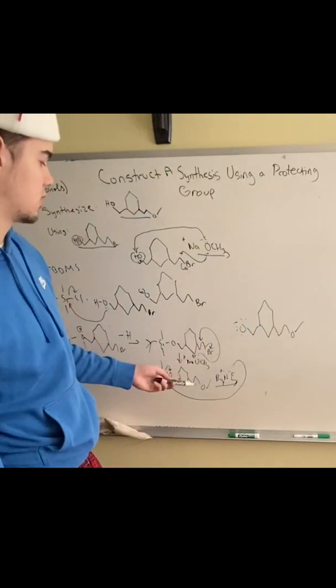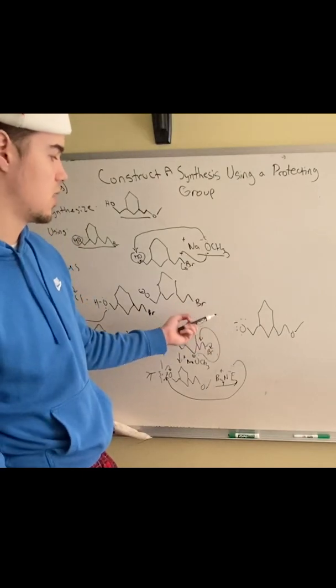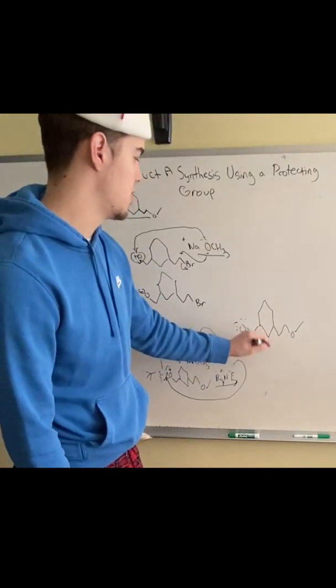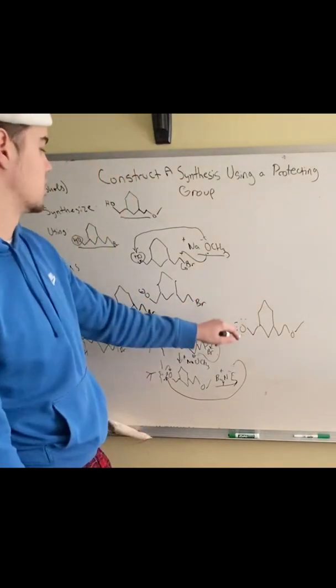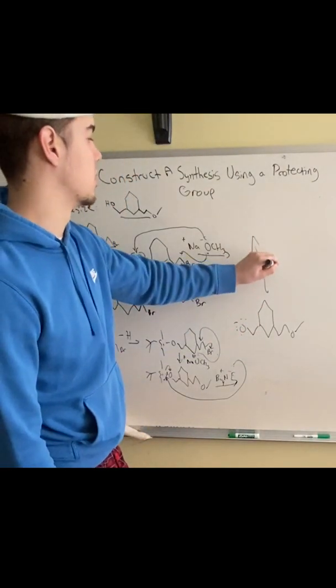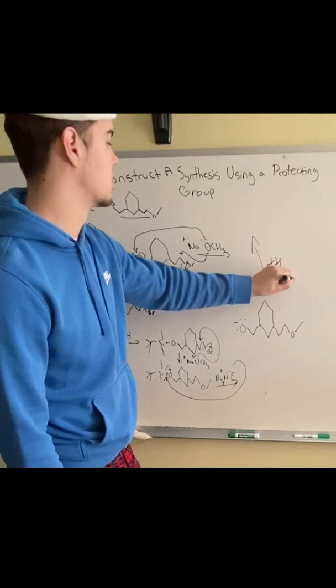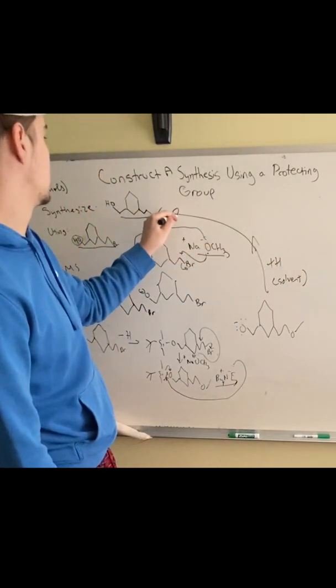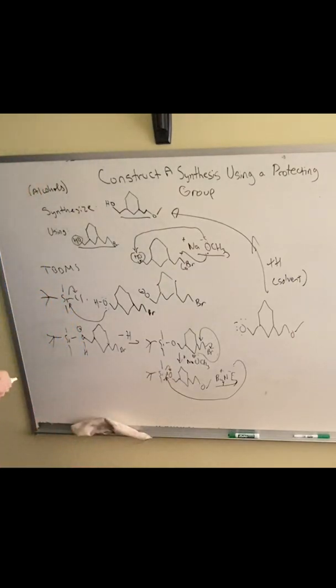And now all you have left is to reprotonate this, so you could put in a solvent with an H, which ends up giving you the product. That's how you use a synthesis with a protecting group for alcohols.